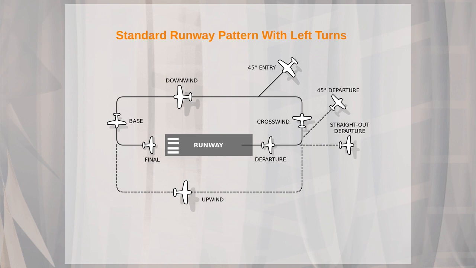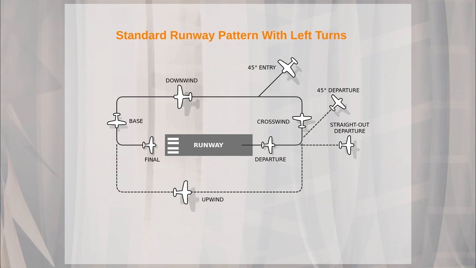Why they did this in this particular piece of artwork, I don't know. I grabbed this off the internet, so they just show it way down on the end of the runway and not really midfield. So I just don't want that to confuse you.